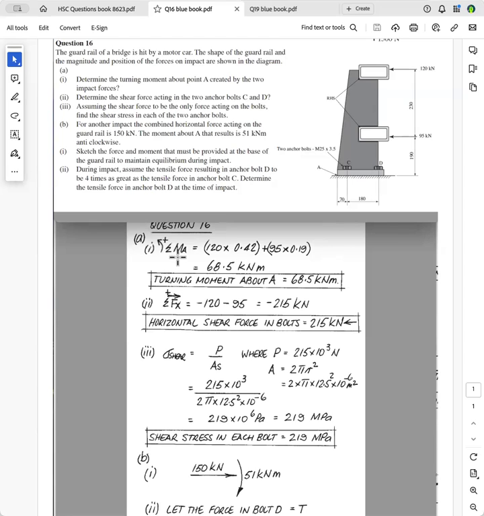Don't forget, we're not going to put equals 0 here, because all we're asked for is the turning moment about point A. We'll be doing that later on, saying the sum of the moments about A equals 0. So this is the moment caused by this 120 kilonewton force.